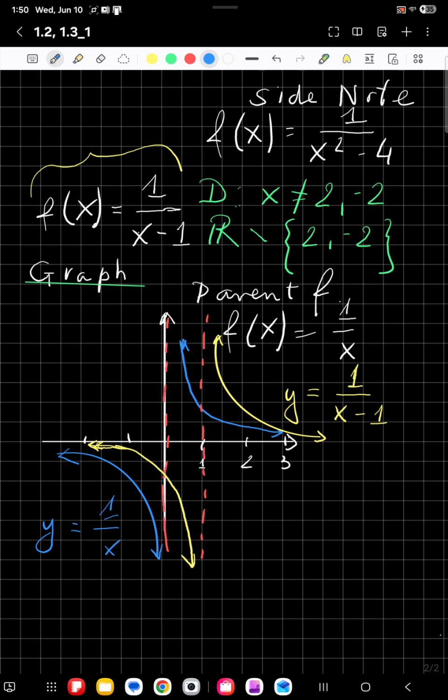So the yellow one is shifted by 1, and the number responsible for that shift to the right is this one. Shift to the right by 1 unit.